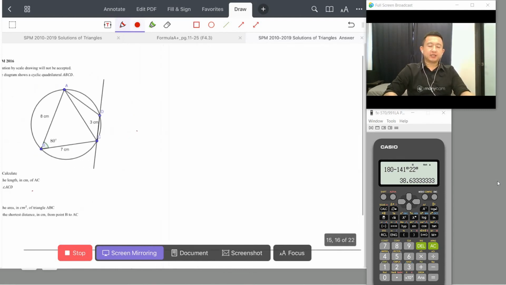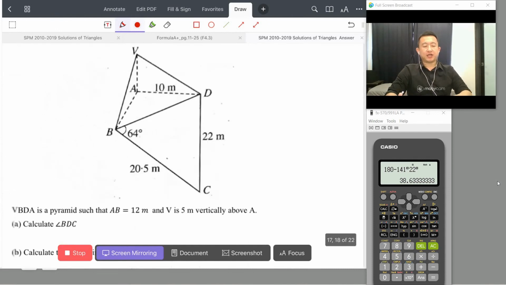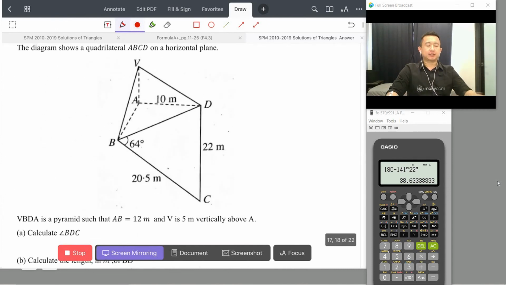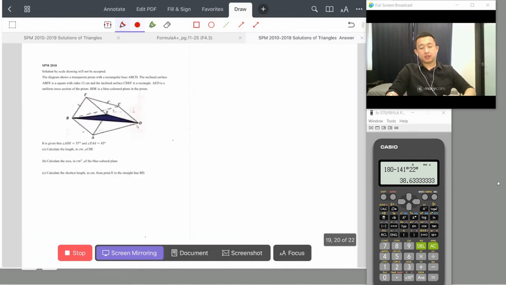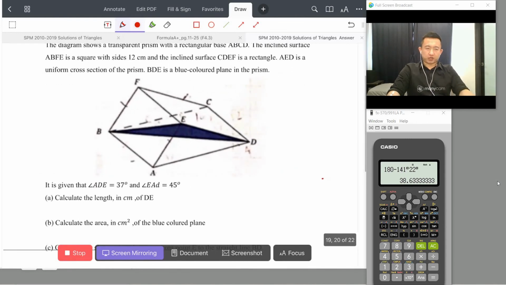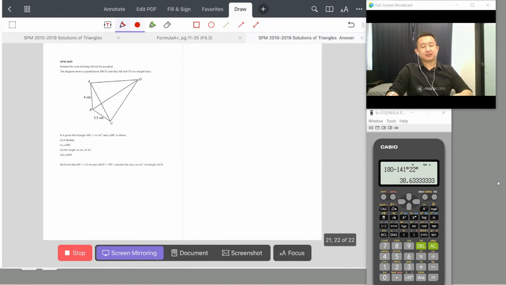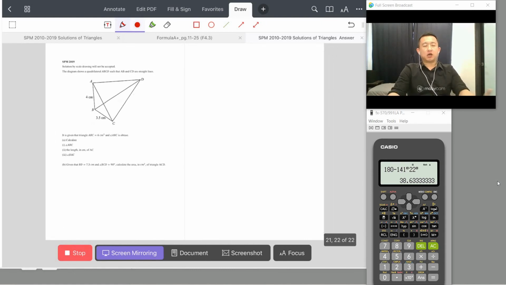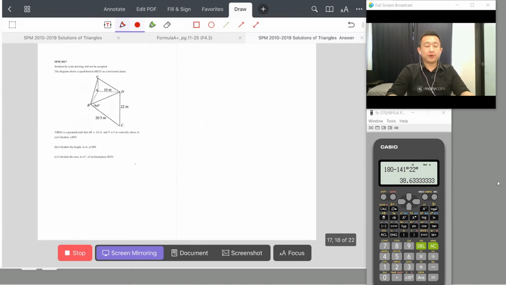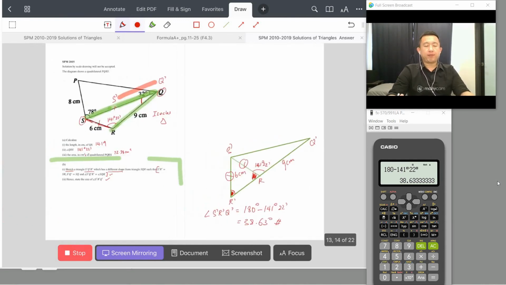And SPM 2017, as you can see, 3D objects, 2018 3D objects, and 2019 neither of the case. So in the next lesson I will talk more about the remaining topic for the solution of triangles. Thank you.